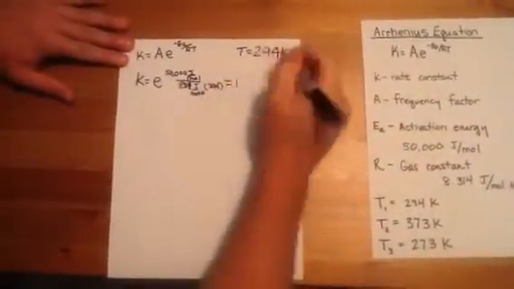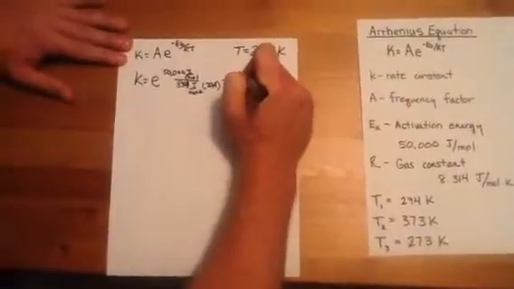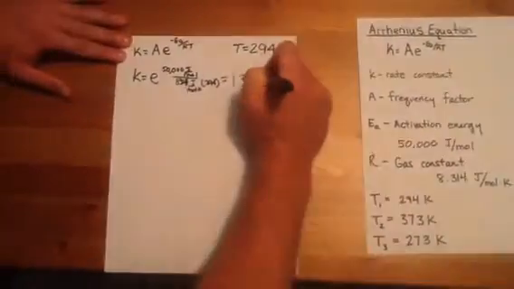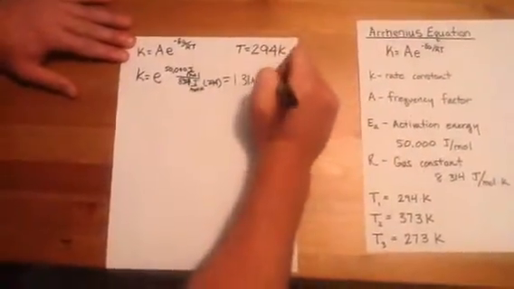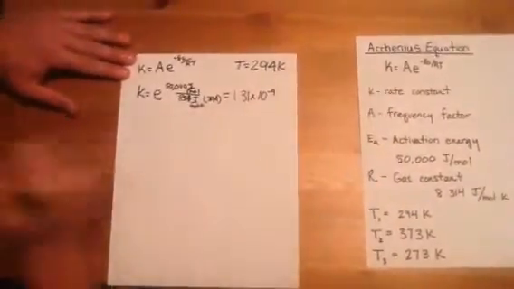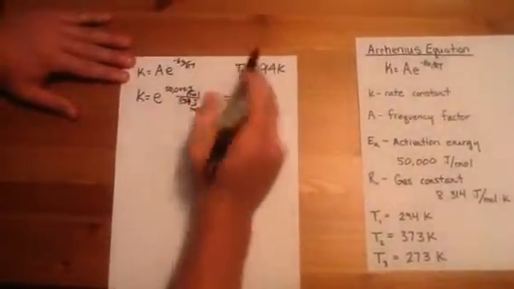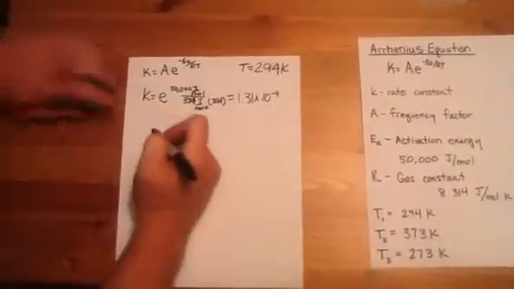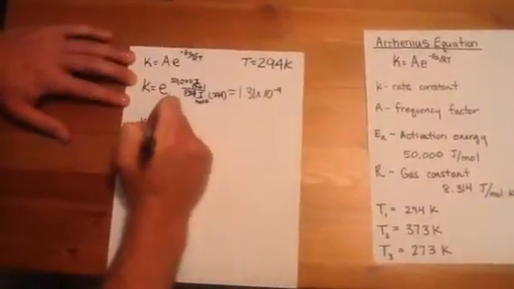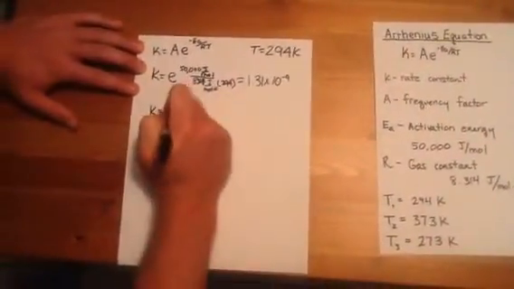So, this comes out to be 1.31 times 10 to the negative 9. Alright, so that's the first temperature. Second temperature, boiling water.